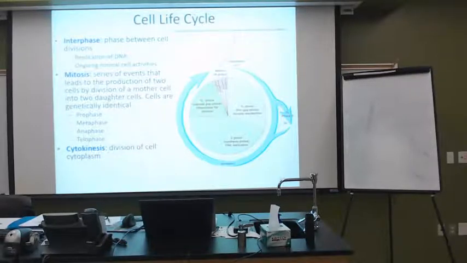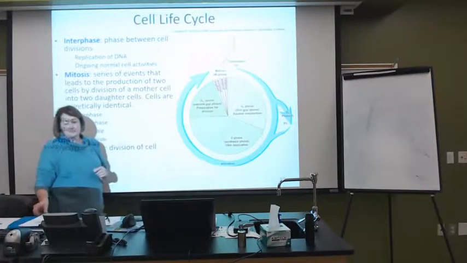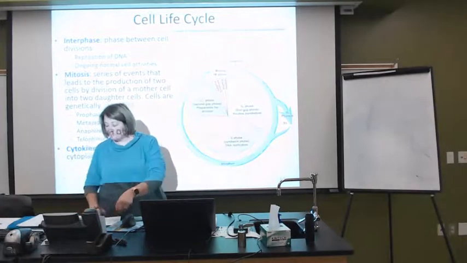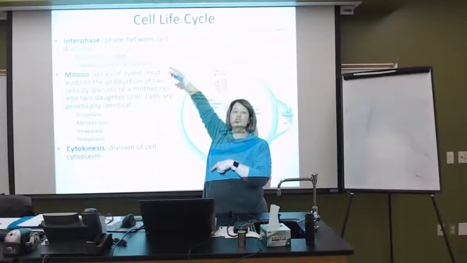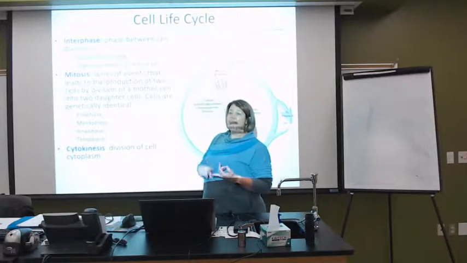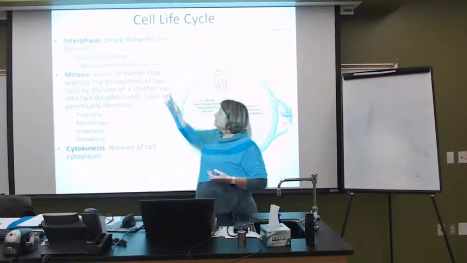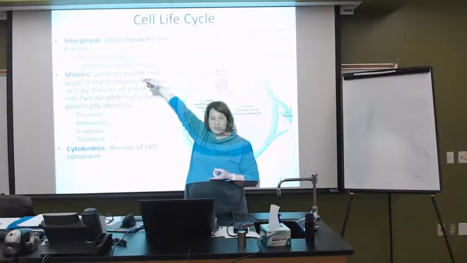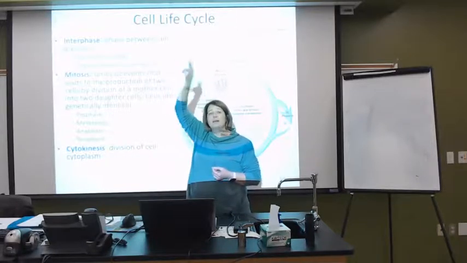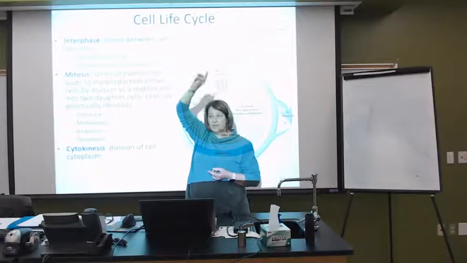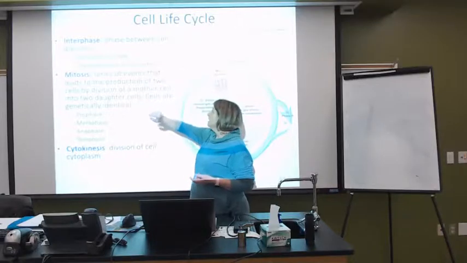Certain things are happening at every phase. Like I was saying, during interphase, this is when the cell is doing its job. It is going to begin to replicate DNA, making a copy. Okay, that's replication.